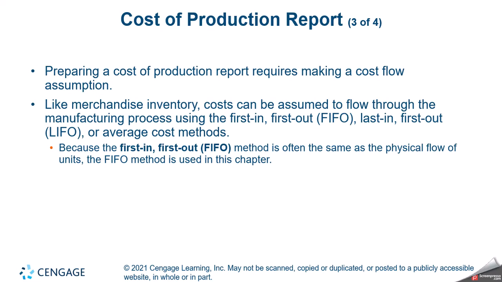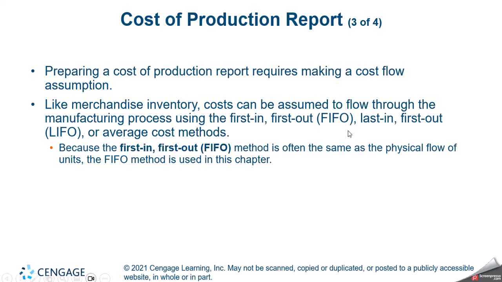Then we'll have our cost of production report, which is going to show us how we move that inventory. So we go back to the first-in, first-out and the last-in, first-out methodologies.